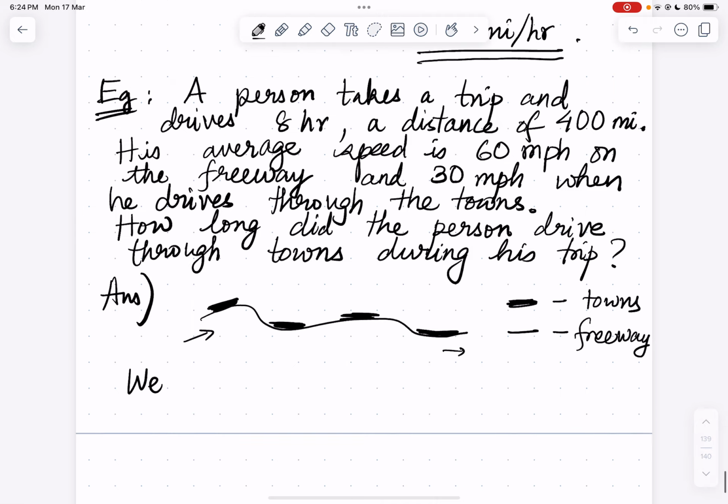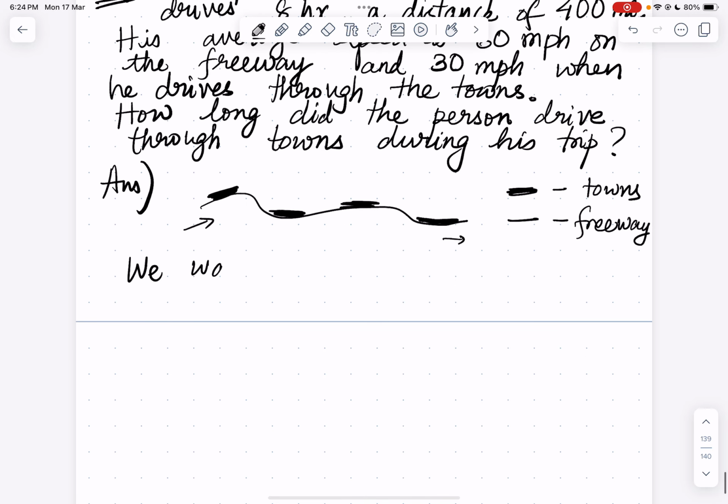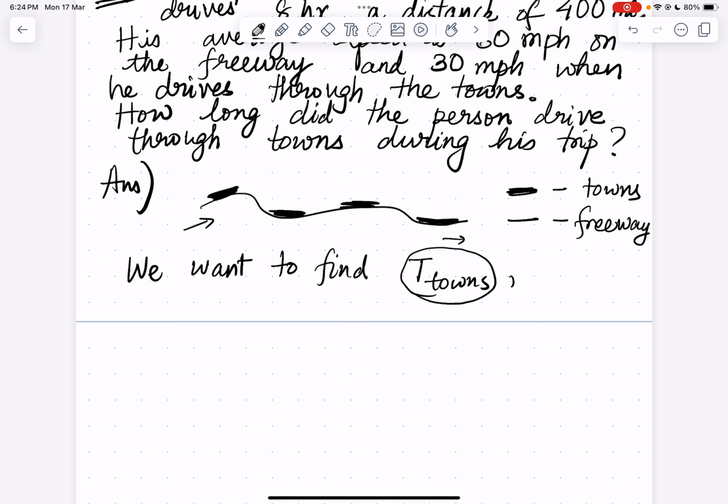So we want to find T towns, the time in hours the person drove through the towns.